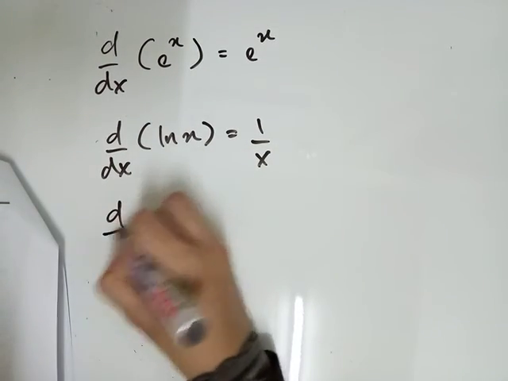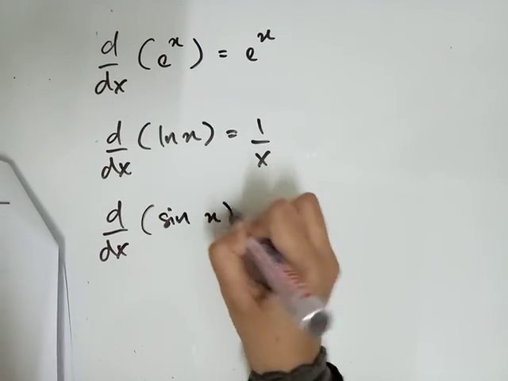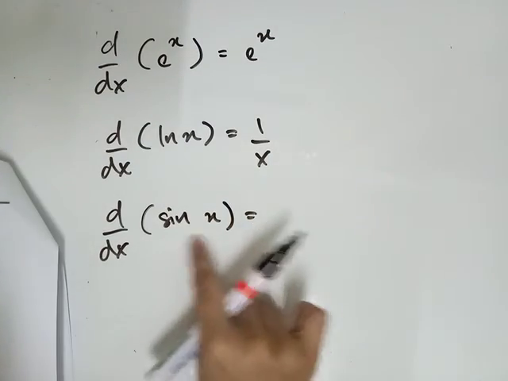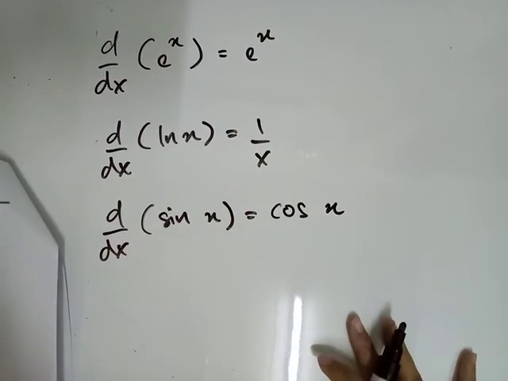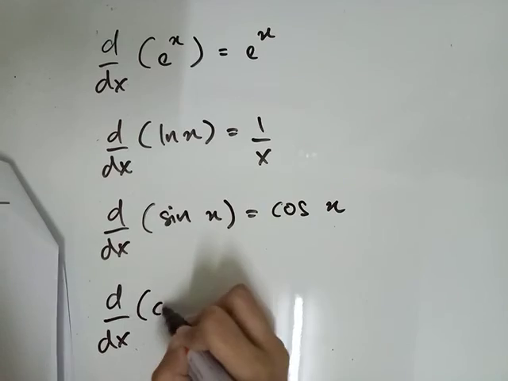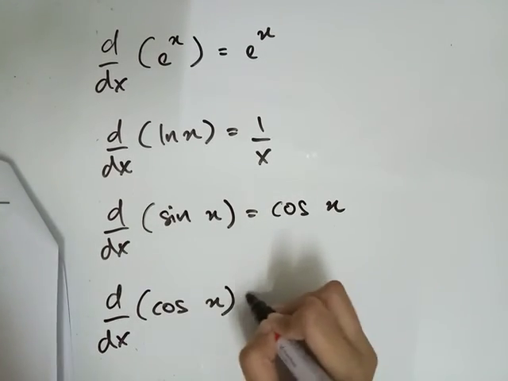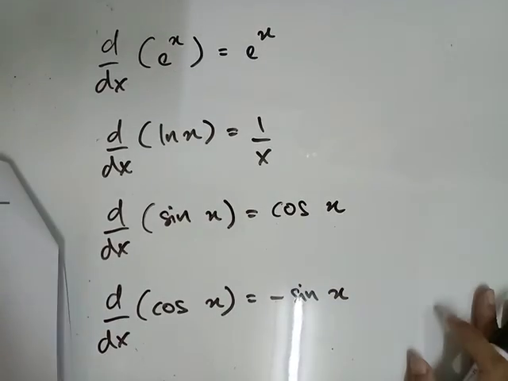When you differentiate sin x, the answer is cos x. When you differentiate cos x, the answer is negative sin x.